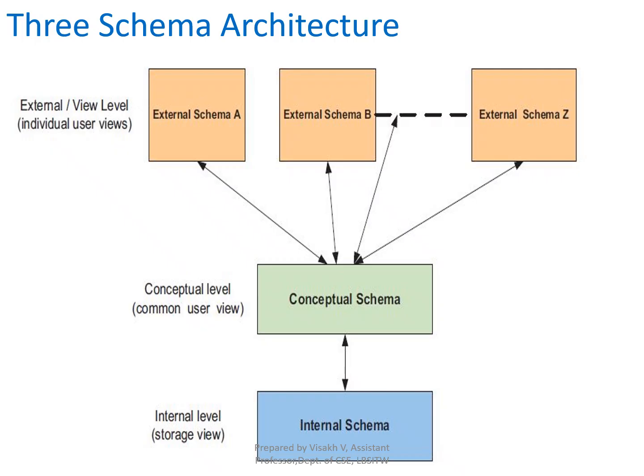In three schema architecture, the first level is the internal schema, that is the storage view. Second is the conceptual schema, the common view of users, and the last one is the view level, external. So external schema 1, 2, or A, B, C, or n number we can show.